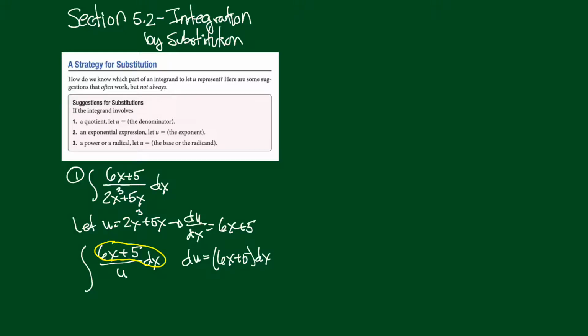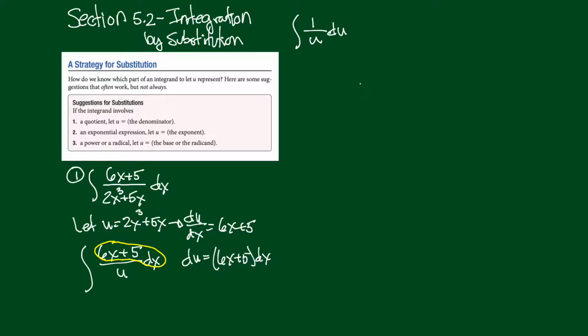So now we've got u in the denominator and the 6x plus 5 dx right here. Well, that's just du. So when I rewrite this integral, this will be the integral of 1 over u, and what remains, 6x plus 5 dx, that's just du. So now I can write this as du.